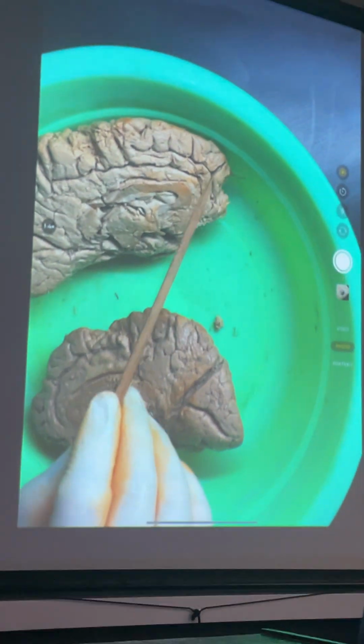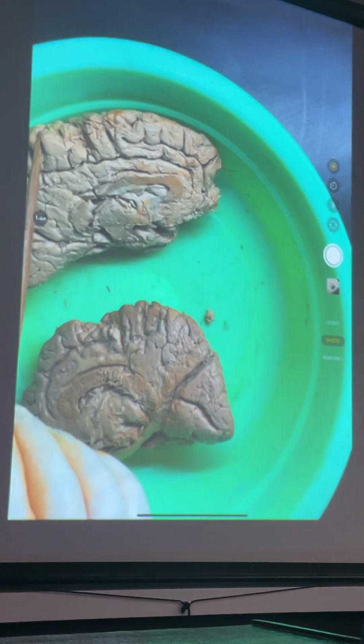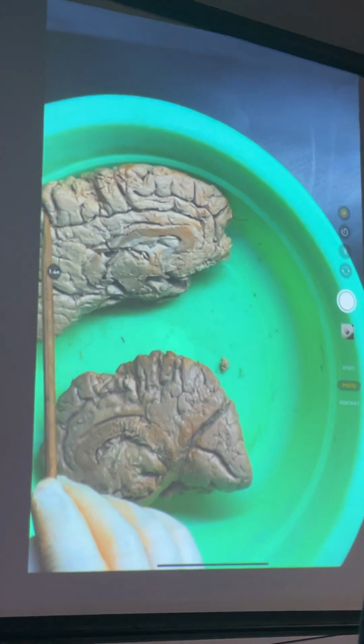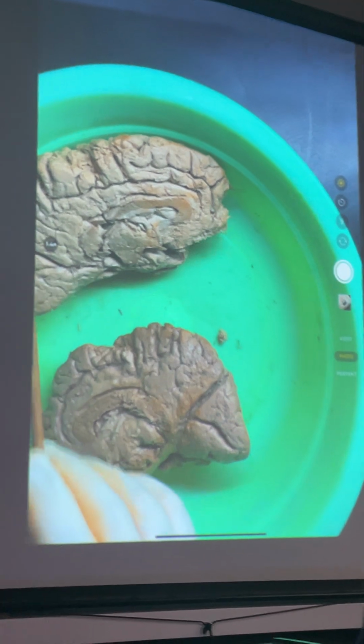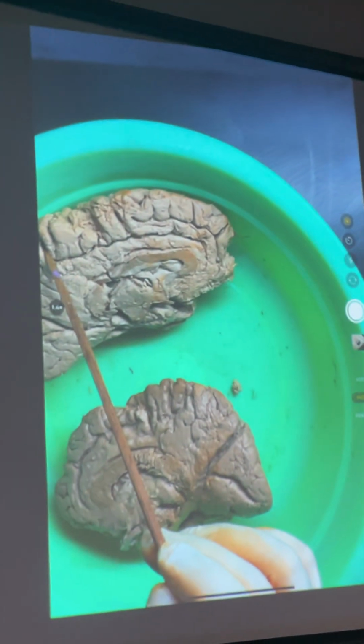If this is the superior frontal gyrus, this is the paracentral lobule, this is the central sulcus of Rolando in this area, then what is this called? What was after the paracentral lobule? It's the marginal sulcus.